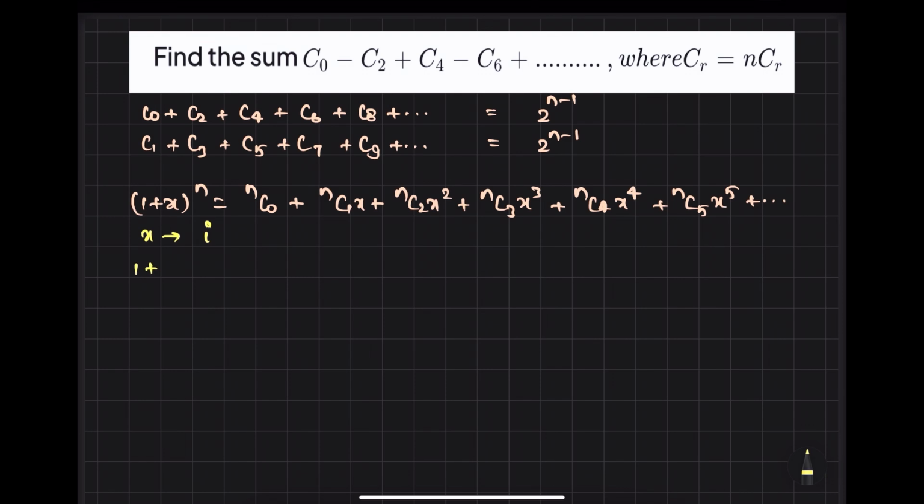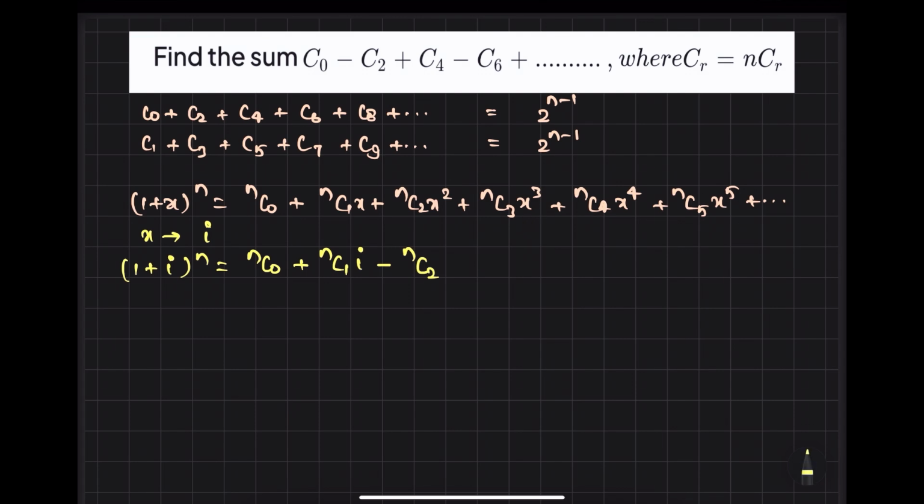So we will have (1 plus iota) power n, so it is nC0 plus nC1 iota. You know that iota square is minus 1, so it will become negative, so minus of nC2. Okay, then you know that iota cube is what?